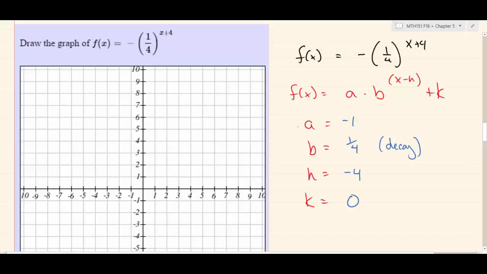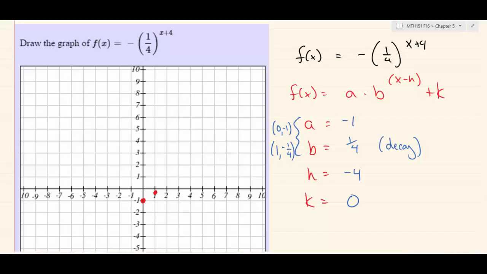All right, so let's take A and B, and let's put them together and see what we can come up with. So the points are going to be (0, -1) and (1, -1/4). So these are the 2 points that we can plot knowing just A and B. So we're going to have a point at (0, -1), which is down here, and at (1, -1/4), which is right there.